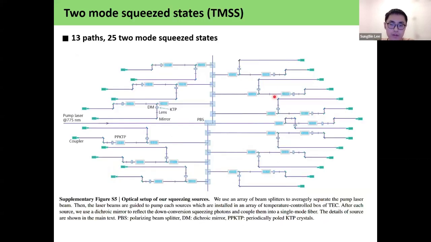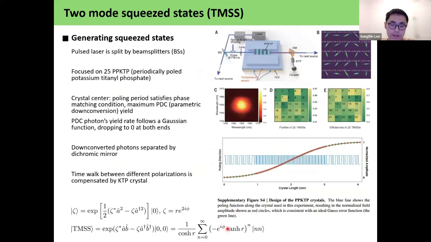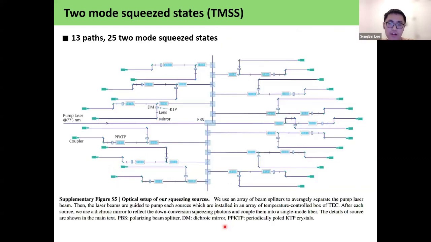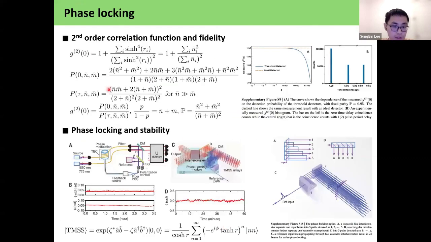And obviously, since this is a TMSS, there's a phase factor phi here. You have to lock the phases. So this figure represents how to lock phases. You first input the generated TMSS mode into these A and B mirrors.